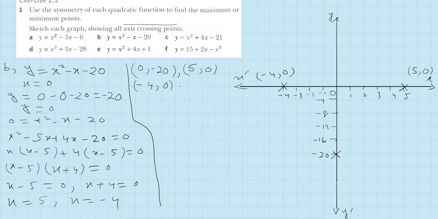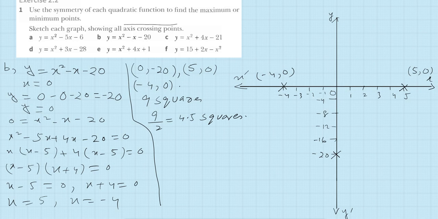Same, just like part A, we have to count all the squares between both crosses on the x-axis. So 1, 2, 3, 4, 5, 6, 7, 8, 9. So total 9 squares. Find the midpoint of 9 squares. So 9 upon 2 is equals to 4.5 squares. So count 4.5 squares from any end, right hand or left hand.